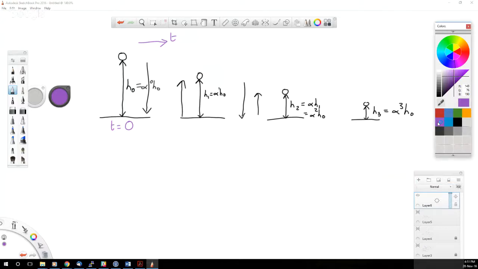The final bit of this: calculate the frequency of bouncing heard as a function of bounce number n and also of time tn at the nth bounce. So the frequency of the nth bounce is just inversely proportional to the time taken for that bounce.